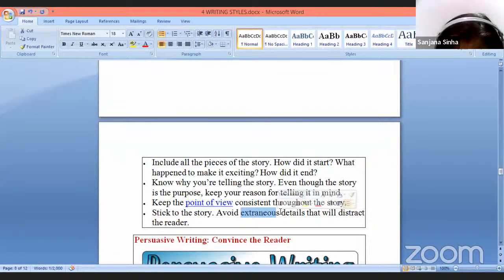So avoid useless details, extra details that may distract the reader. बहुत ज़्यादा तुम describe कर दोगे तो the main focus on the story वो खत्म हो जाएगा. Descriptions can distract what really happened in the end.